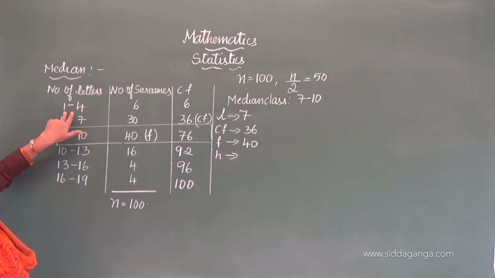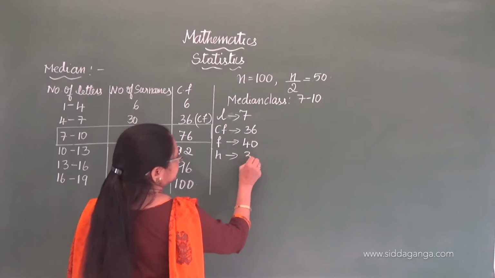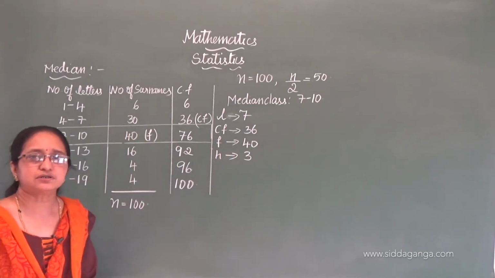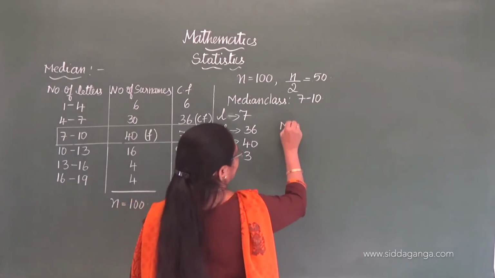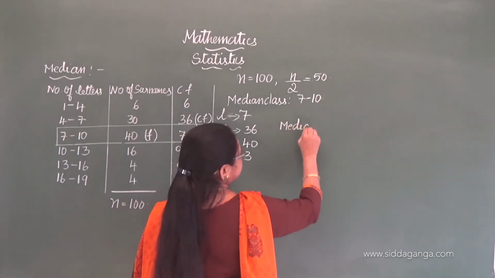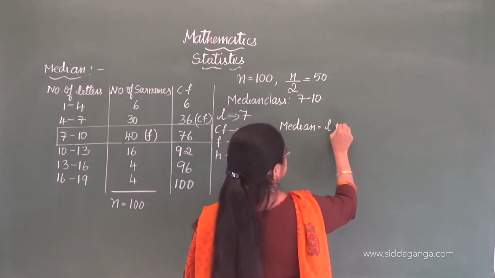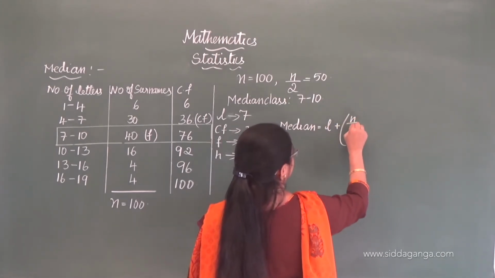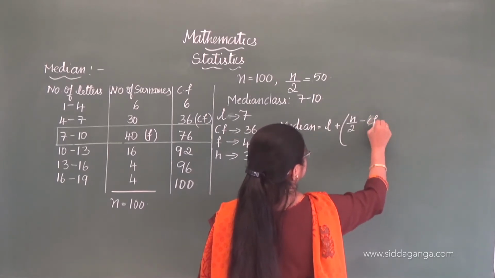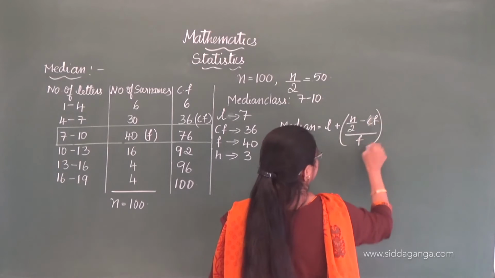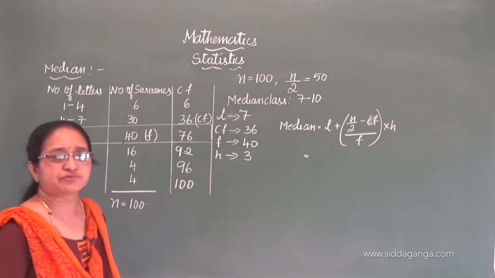And H is how much? Here, 4 minus 1, that is 3, the width of the class interval, 3. Now apply the formula: median is equal to L plus (n by 2 minus cumulative frequency) divided by F, into H. See, this is a revision for you.